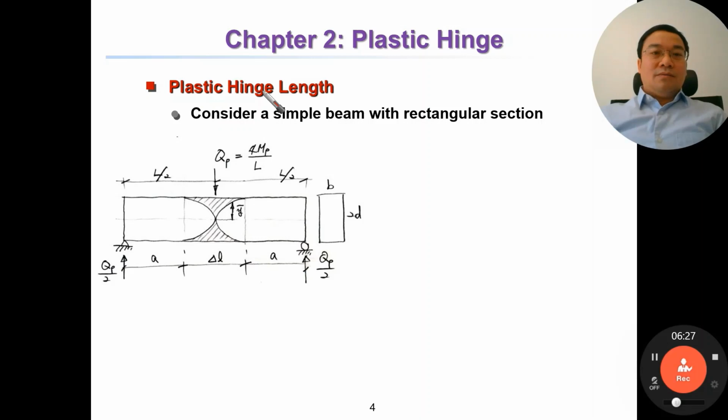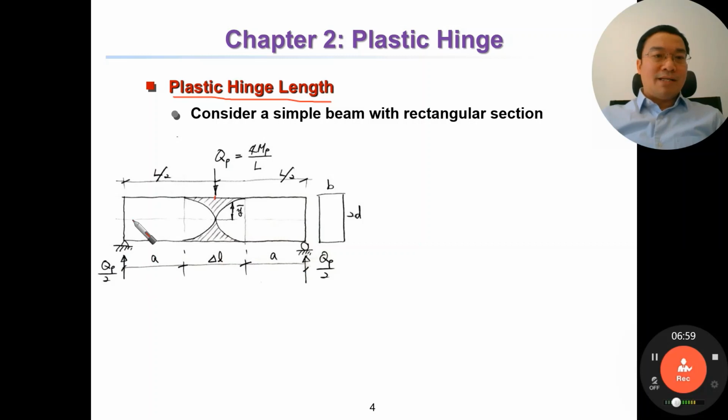Now, chapter 2, plastic hinge. First, we are going to determine the plastic hinge length. Now let's consider a very simple beam. It is a simple beam with rectangular section. The section has b and 2d, and the load is a concentrated load in the middle of the beam.